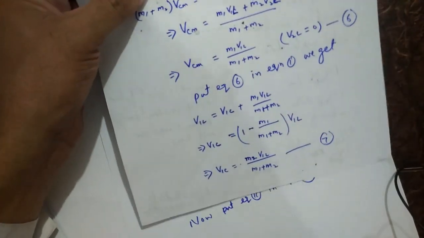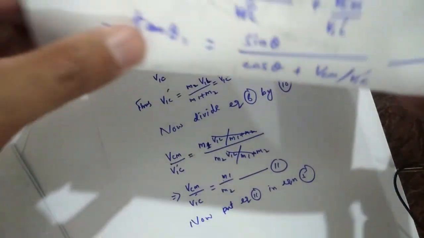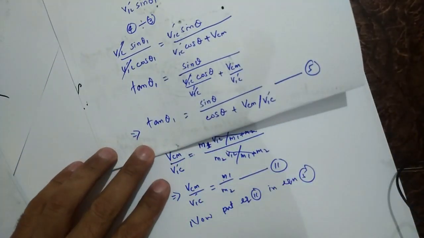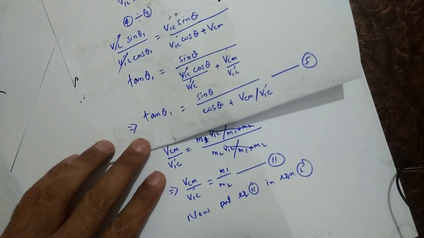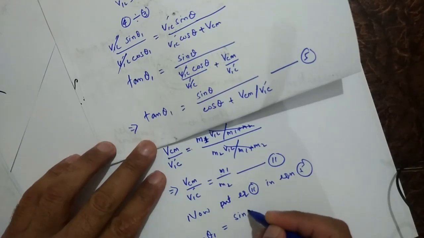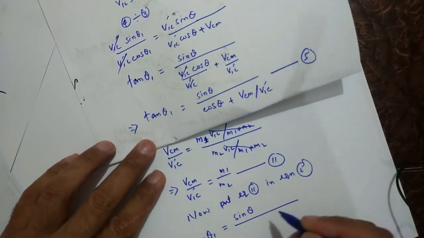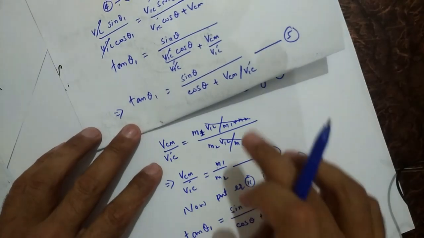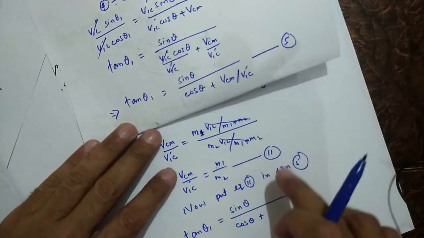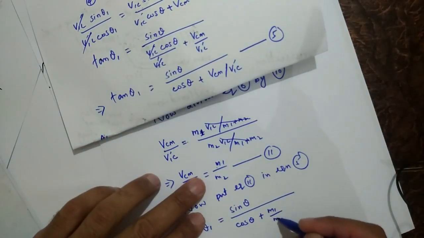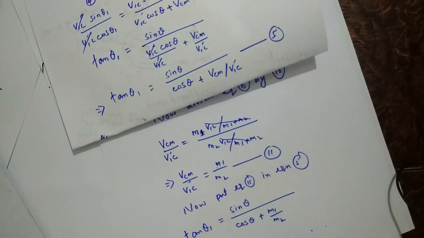Therefore equation 5, which is tangent theta 1, is equal to sine theta divided by cos theta plus VCM upon V1 dash C, which is M1 divided by M2.